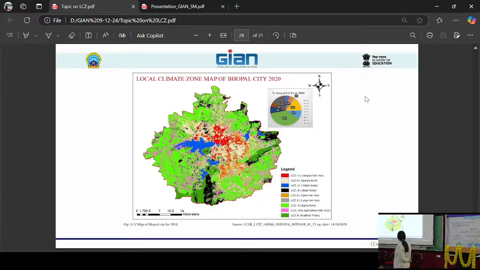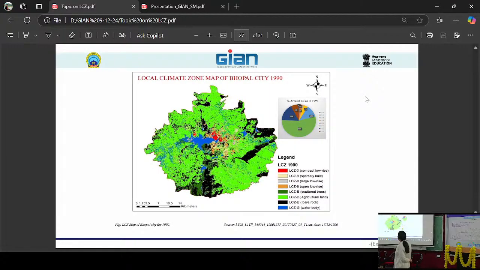This was in 1990 when the development had just started around Bhopal, and we saw the urban core areas, now called the old city, where this was compact low-rise development.